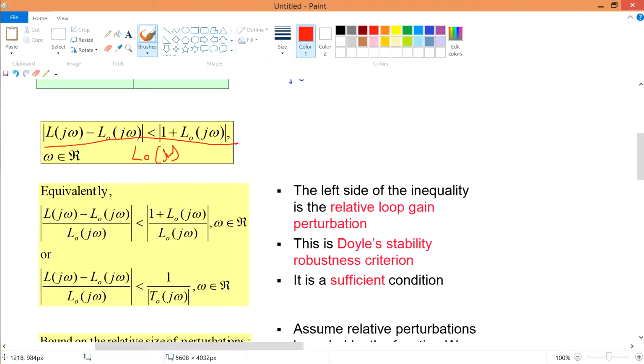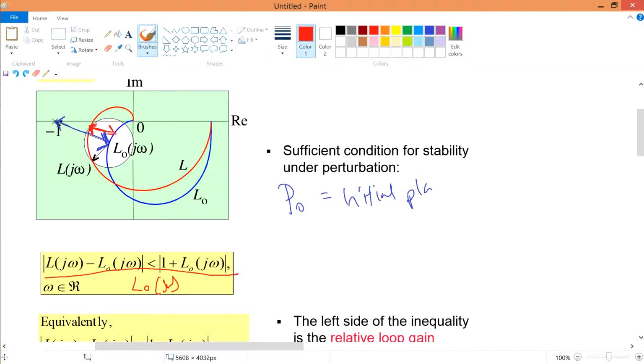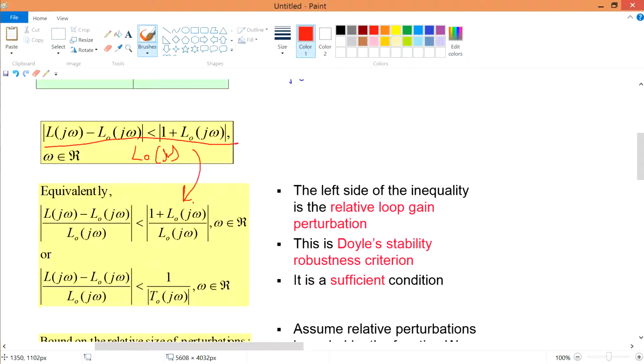So in other words, you are setting a percentage between this difference and 1 plus L0, such that when this thing exceeds and becomes more than -1, the percentage difference will be very big. Therefore this is simply this one, exactly the same.